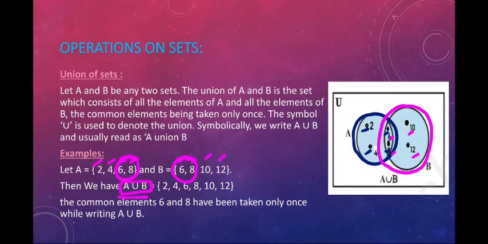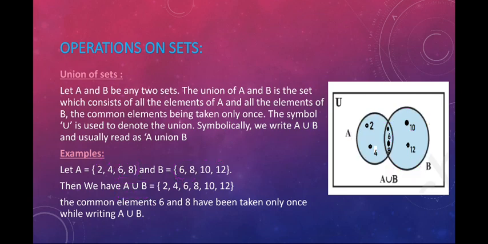In a set one element cannot repeat twice, so you will write 6, 8 only once. So the correction is 2, 4, 6, 8, 10, 12, because 6, 8 is already here. So A union B is 2, 4, 6, 8, 10, 12.